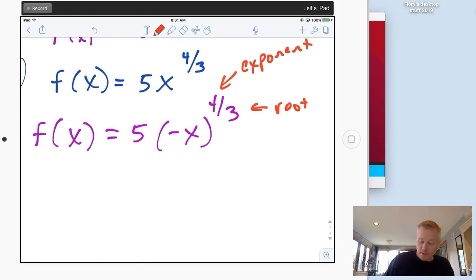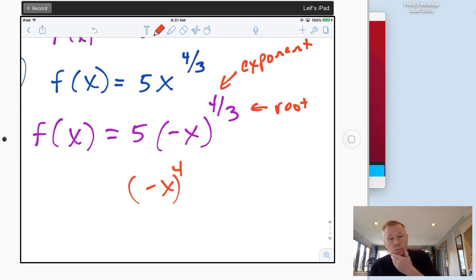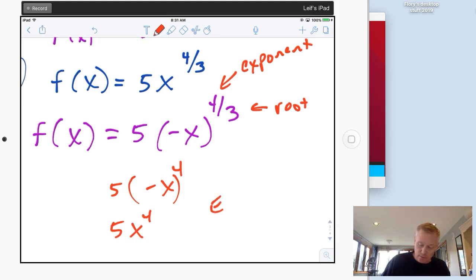So I'm taking negative x to the 4th power in parentheses, which means it doesn't matter about the root. You'll have an even number of negative numbers, so it's going to be a positive number once you're done taking it to the 4th power. Hopefully that makes sense. Which means this is an even function.